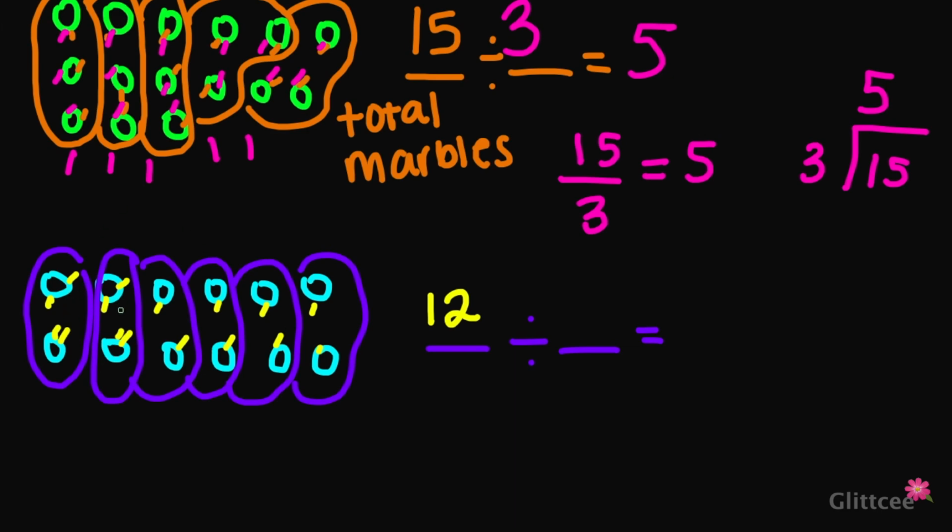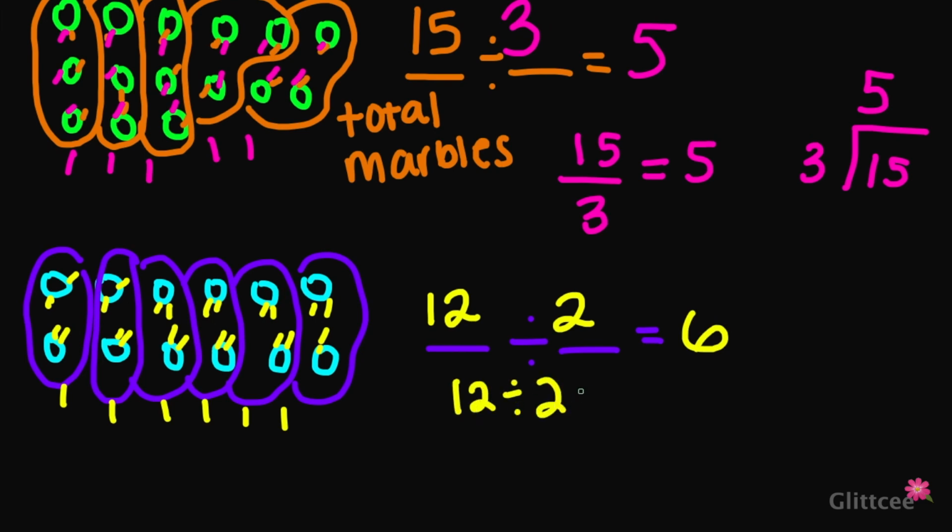Each group has 2 marbles. And how many groups do I have in total? 1, 2, 3, 4, 5, 6. 12 divided by 2 equals 6. And then remember, 6 times 2 equals 12.